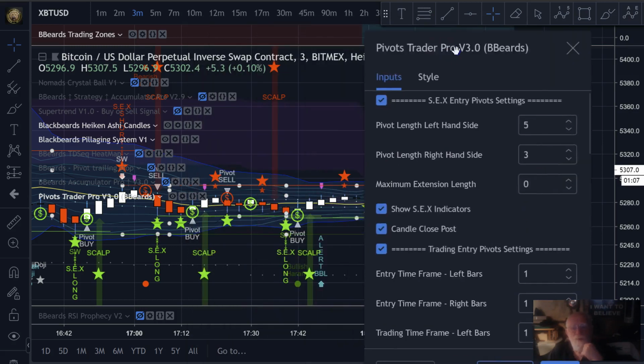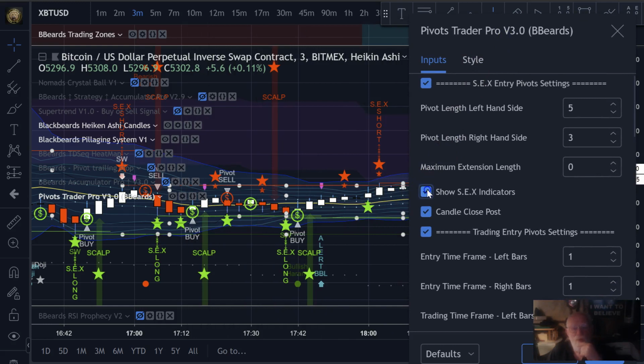If you want to turn them on or off, you can, just like that. Now, candle close. If you check this, it does not print the signal until that candle has closed.